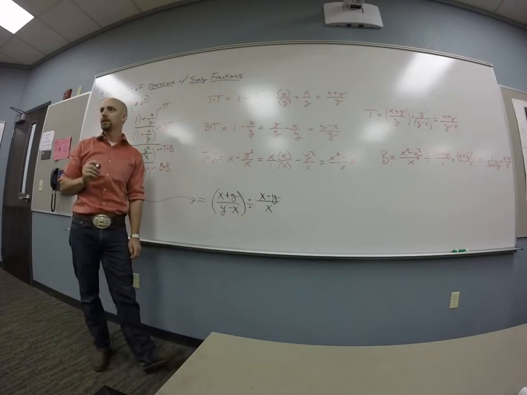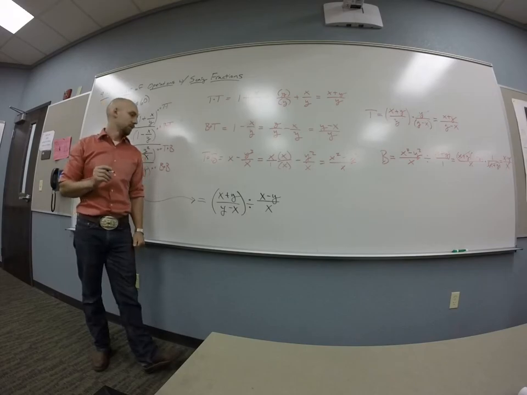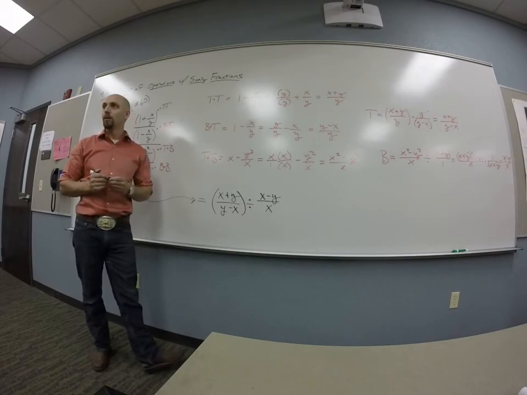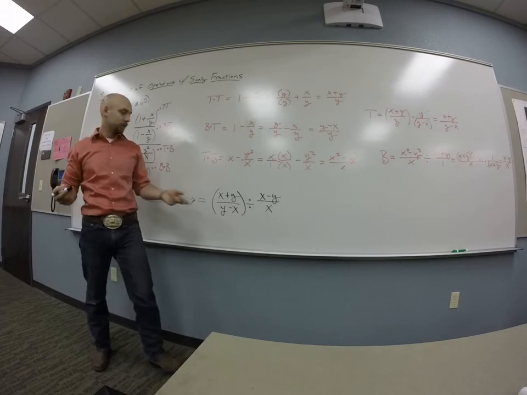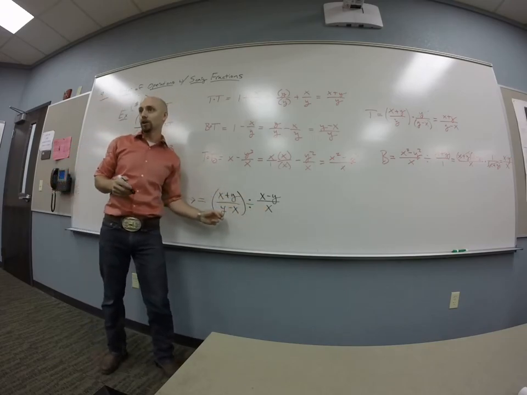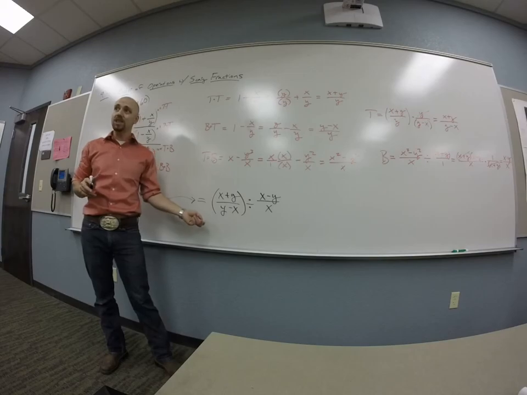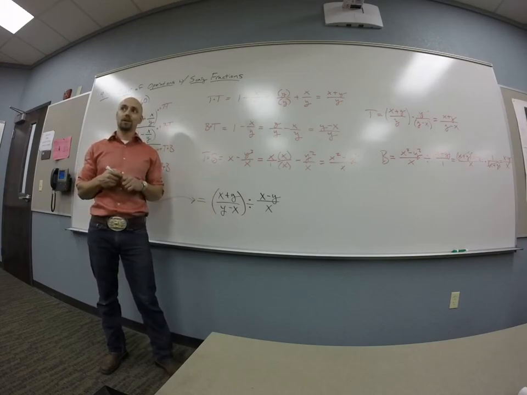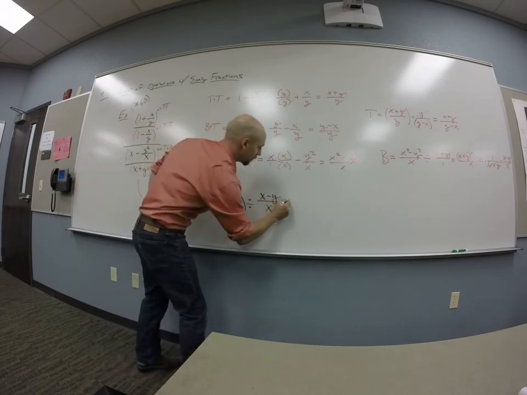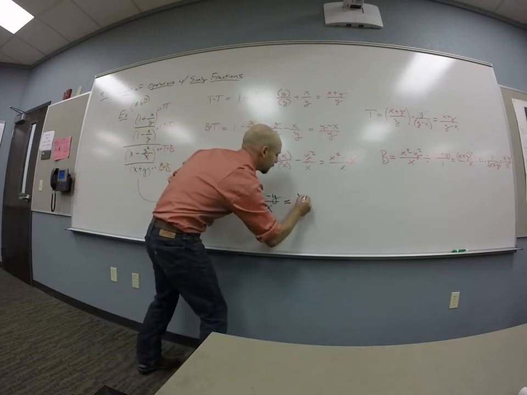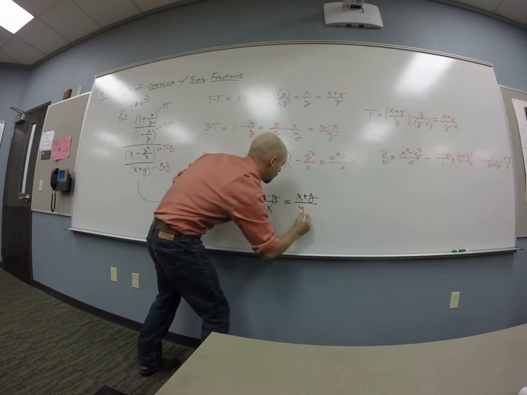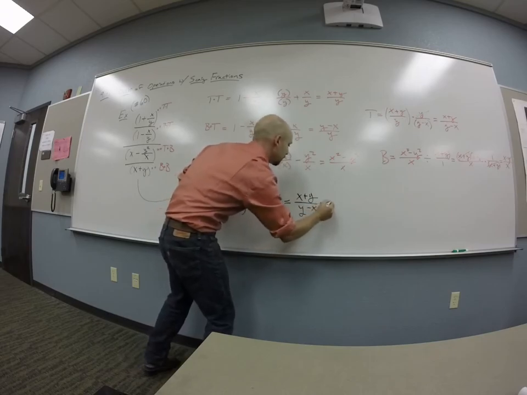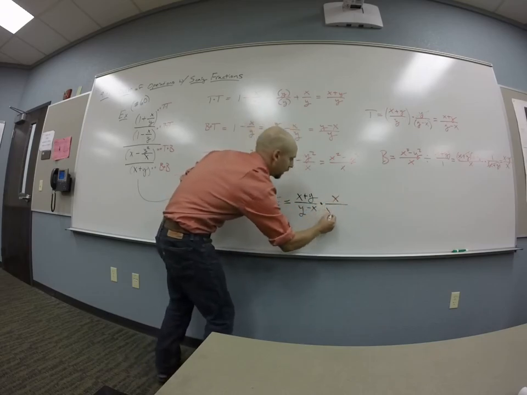Are we writing it out, or are we gonna do something with it? Now we should be able to do something with it, because they're both kind of reasonable fractions. This is actually an easy 9.2 problem. So this is x plus y over y minus x times x over x minus y.